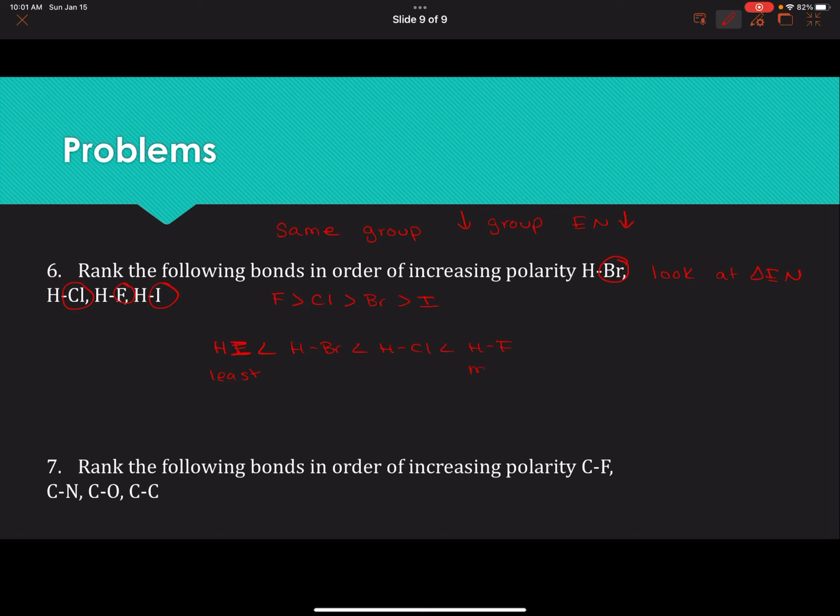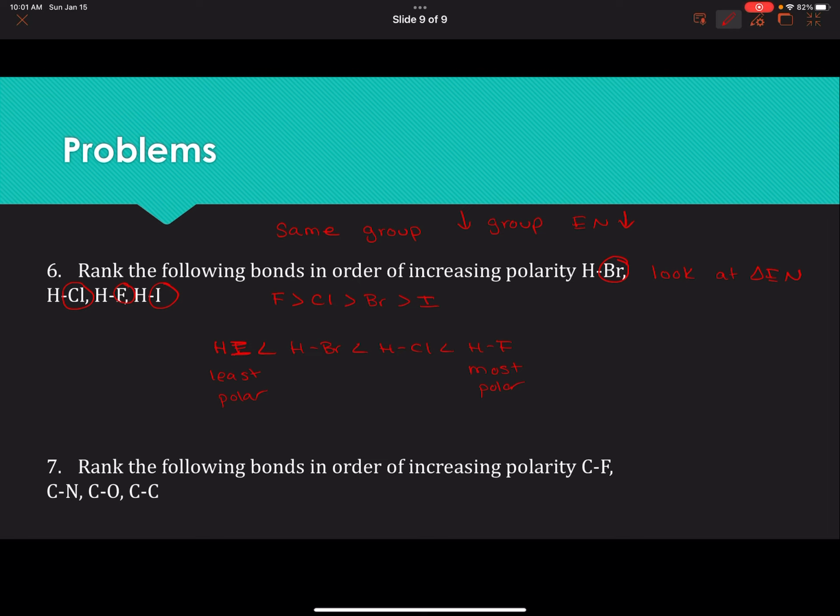So my HF is going to be the most polar bond. My HI is going to be the least polar. So if we're looking at bonds, we're looking at our electronegativity trends. The greater the electronegativity difference between the atoms, the more polar that bond is going to be.